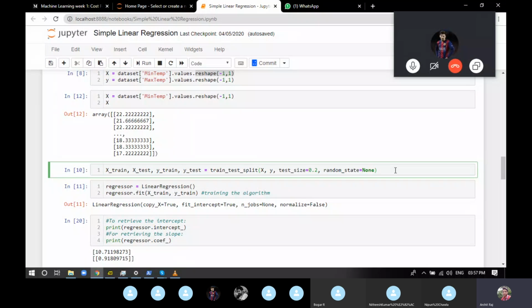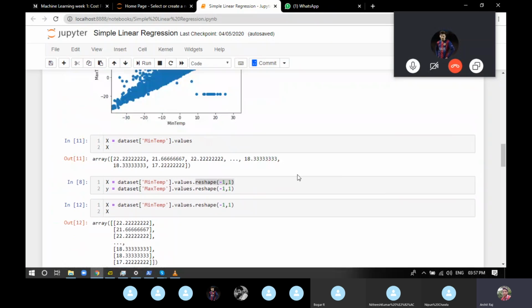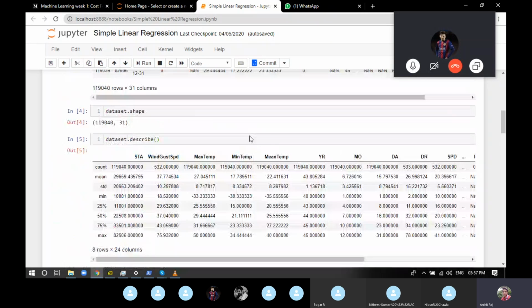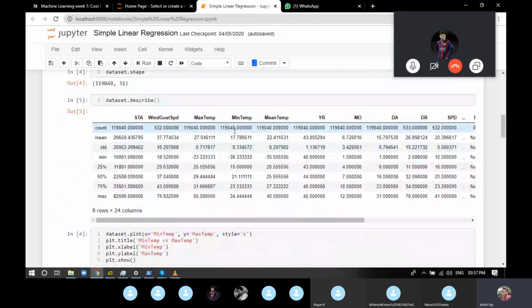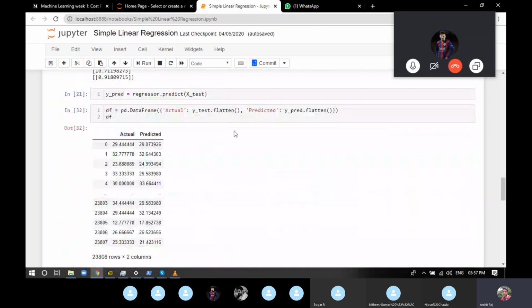Out of all the data set, you know what the minimum temperature and the maximum temperature are. So we'll keep a small portion of it as testing data, on which we haven't trained the model. We provide the minimum temperature and tell the model to predict the value, and we know the exact answer because it's in the main data set.